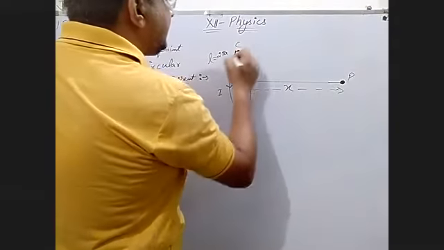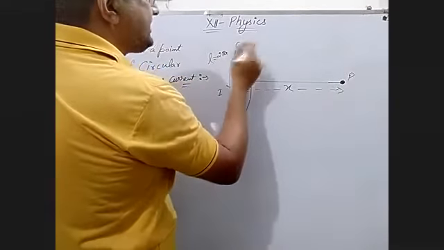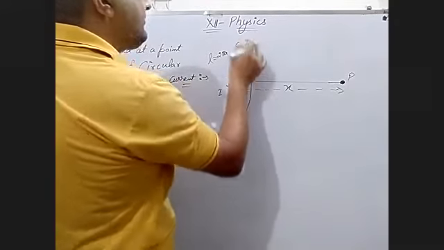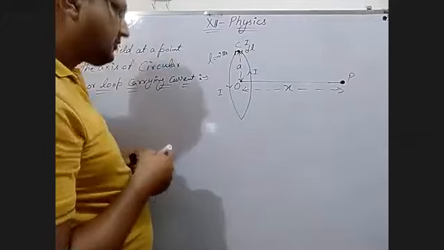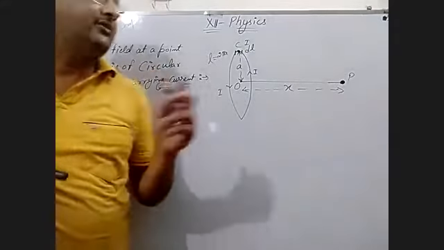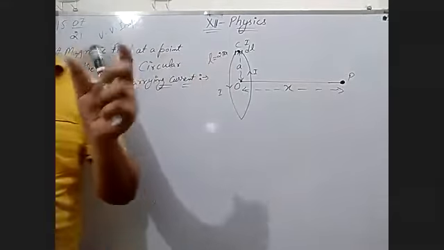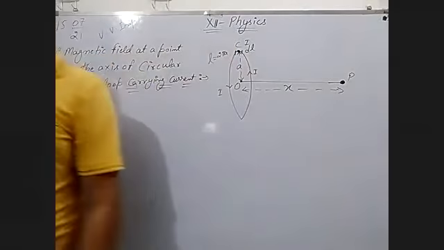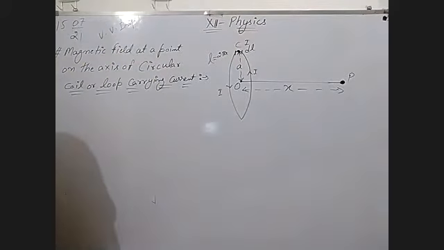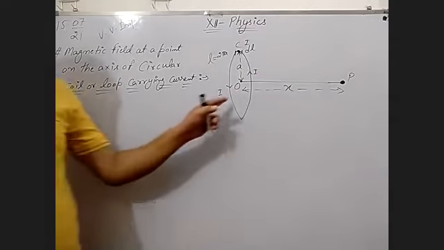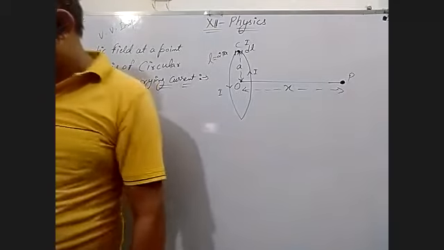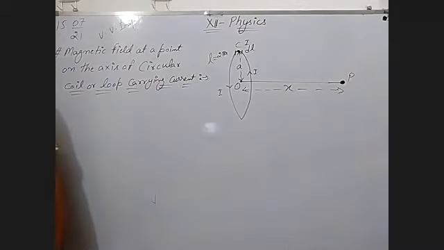Now, take a small part of the circumference, suppose dl, and current I is flowing through this part also, because according to Biot-Savart law, we have to take only the current element, meaning a small part of this circumference carrying current I. Now, by this current carrying conductor, which type of magnetic field is there? This thing we have to calculate.